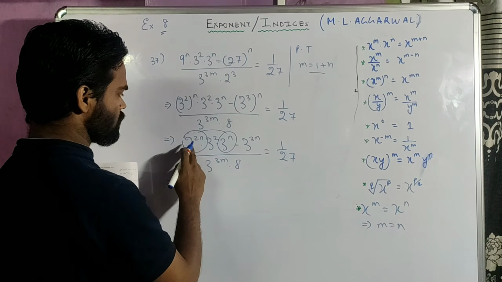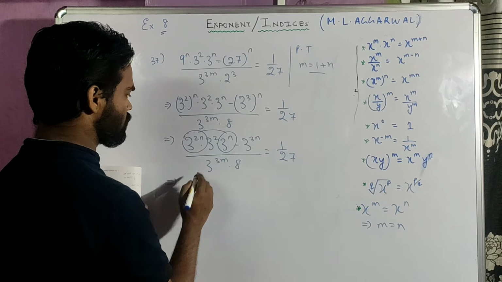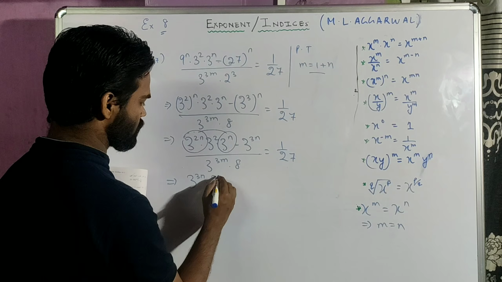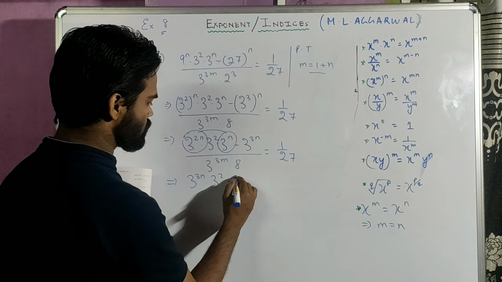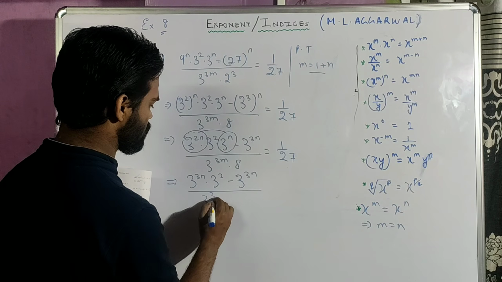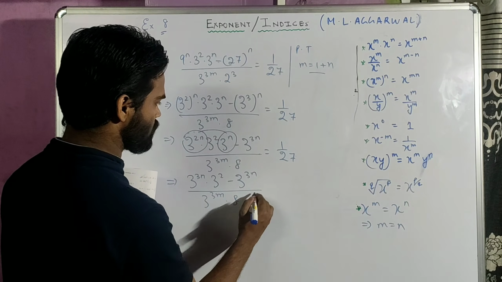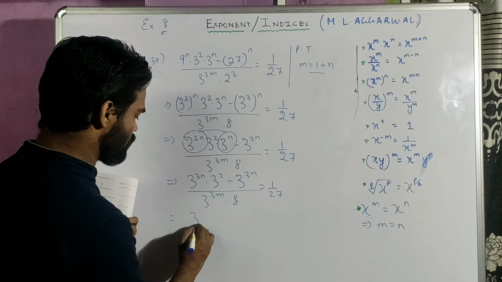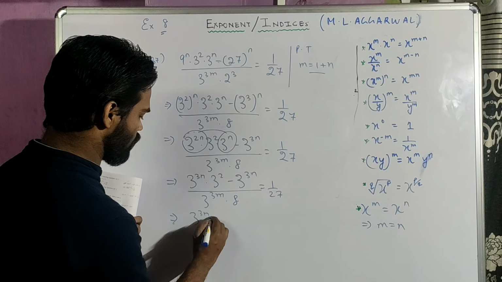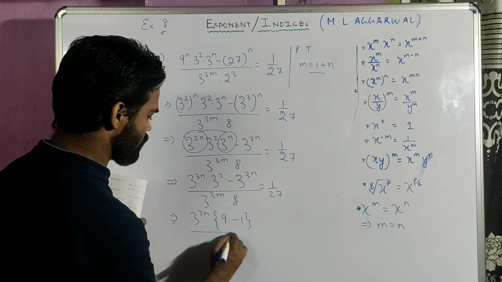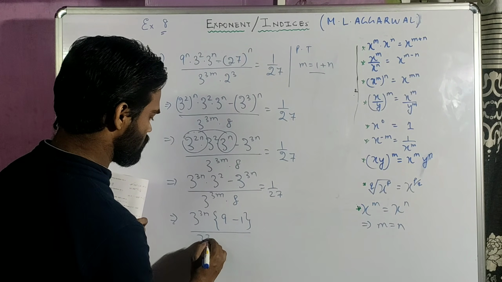So 3 to the power 2n and 3 to the power n becomes 3 to the power 3n multiplied by 3 square, minus 3 to the power 3n by 3 to the power 3m into 8 equals to 1 by 27. Now look carefully, if I take 3 to the power 3n common, what is left? 3 square, which is 9, minus 1 in the denominator.